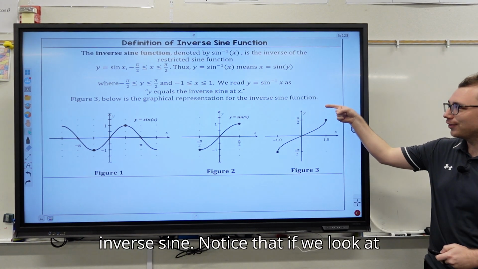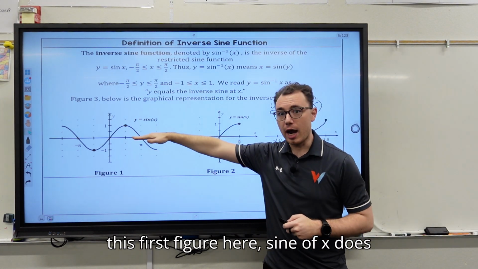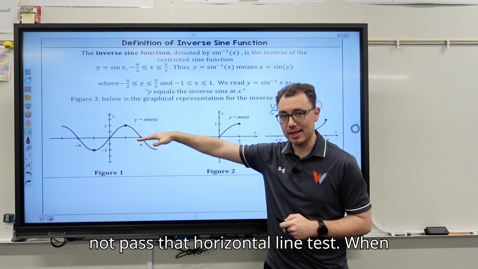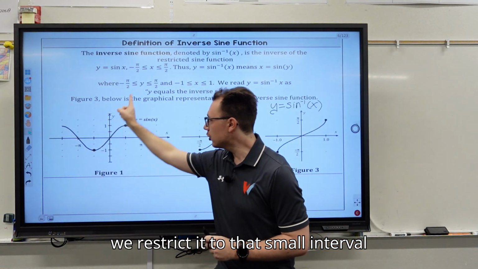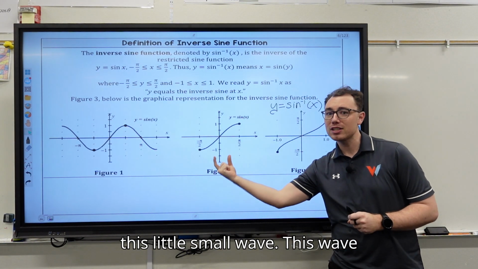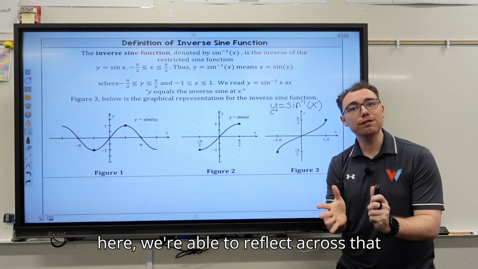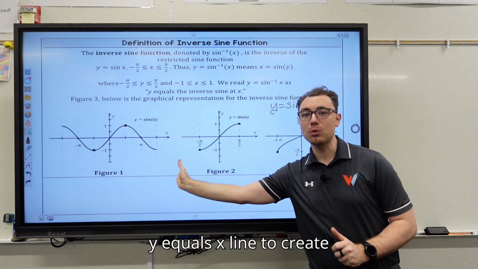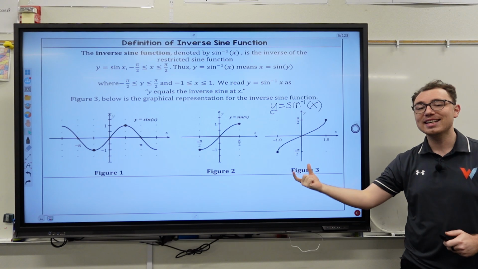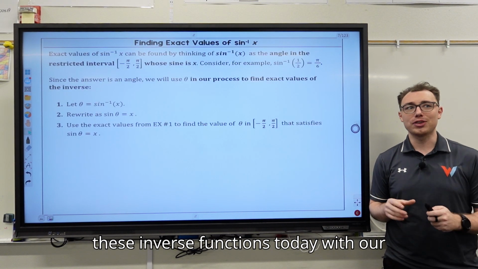Notice that in this first figure, sine of x does not pass the horizontal line test. When we restrict it to the small interval between the minimum and maximum, we have this little wave. This wave, we're able to reflect across the y equals x line to create this inverse function. We can explore these inverse functions today with our examples.